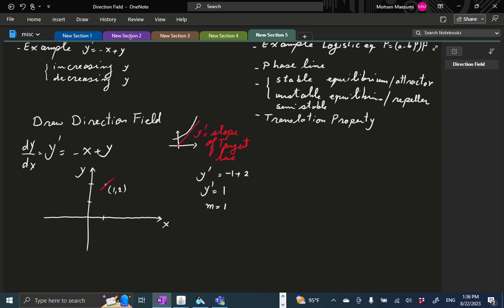So at this point, the slope is 1. The location was (1, 2), and the slope is 1. Well, the function we know perhaps one point of it, the slope of it, but how about the rest of it?